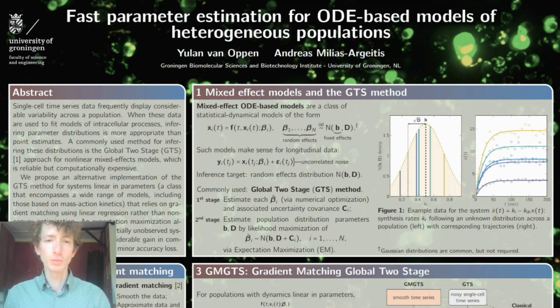And the data are assumed to be noisy samples from the cell-specific ODE solutions. The GTS approach first estimates each cell-specific parameter vector, then combines the information about the estimate spread and their uncertainty Ci to infer the random effects distribution.